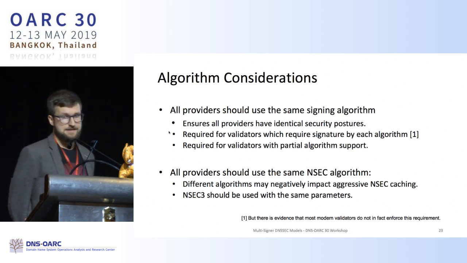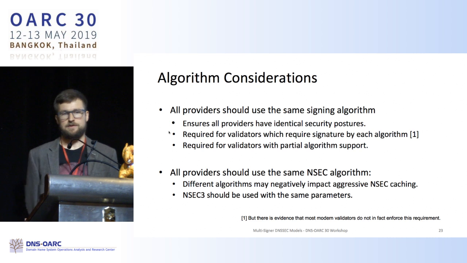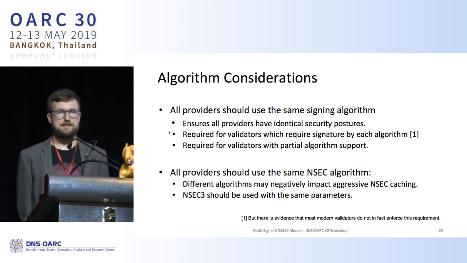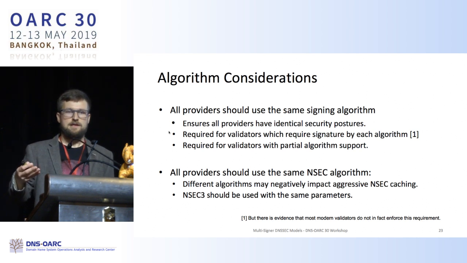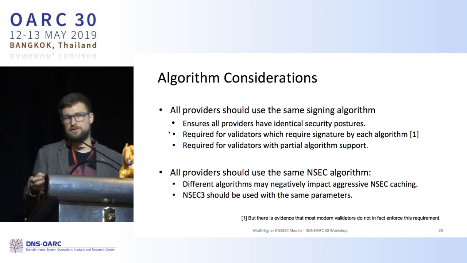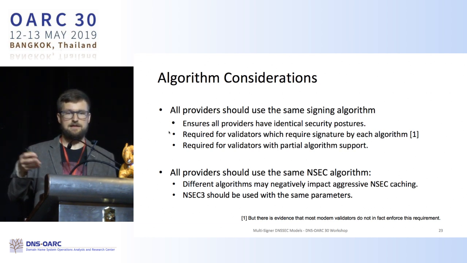And NSEC, that's a kind of special case. The NSEC or denying responses in DNS are always self-contained. They will contain all the NSEC records, or all the information and signatures, that are needed to validate whether the answer is authentic. So we think we don't necessarily have to use the same NSEC mechanism, like NSEC and NSEC3, for instance.